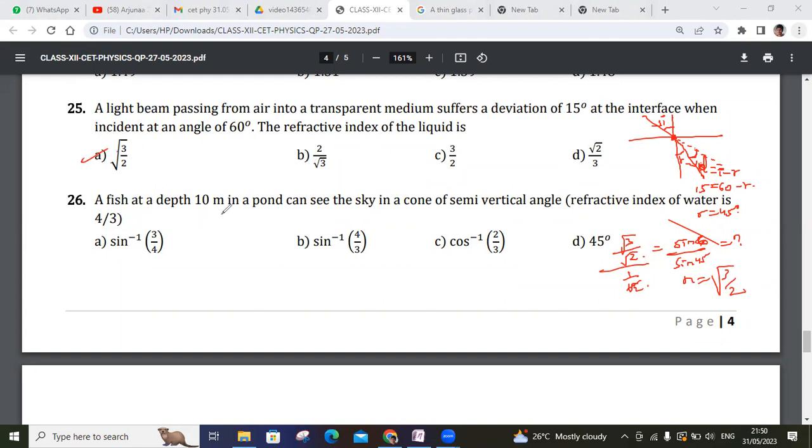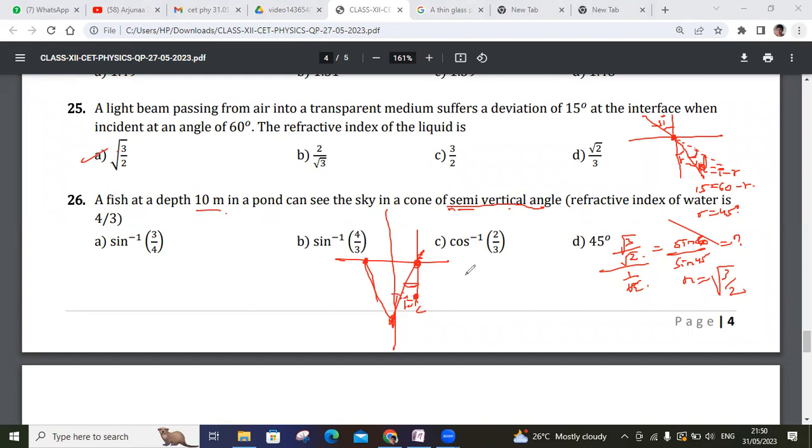26th: a fish at a depth of 10 meter in a pond can see the sky in a cone. So this is a TIR problem, correct? Because light can only pass from this cone where i is equal to ic. A little greater than ic, it will not go. So this cone's semi vertical angle, they're asking this semi vertical angle only.